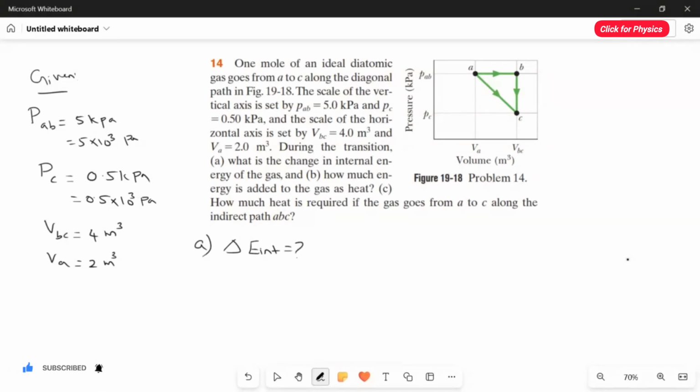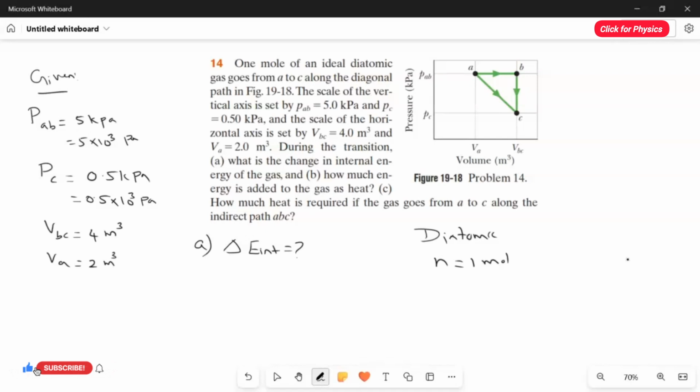And they clearly mentioned the gas here is a diatomic gas. And also they gave the information about the number of moles of the gas here as 1 mole. And we have to first answer for the internal energy change.